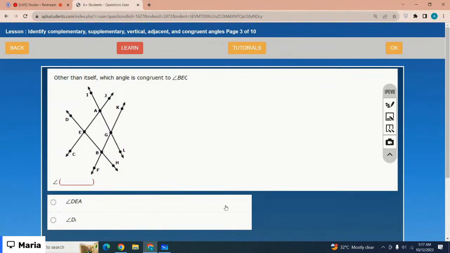So BEC, this one, and the opposite is this one, it would be DEA. DEA and BEC are congruent angles, right? The correct option is option number 1.